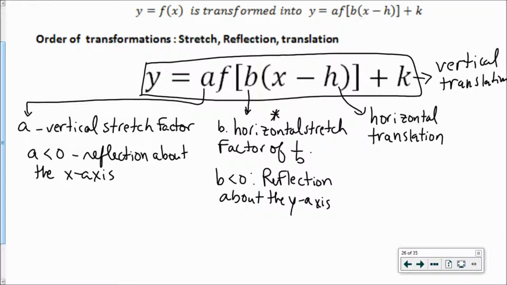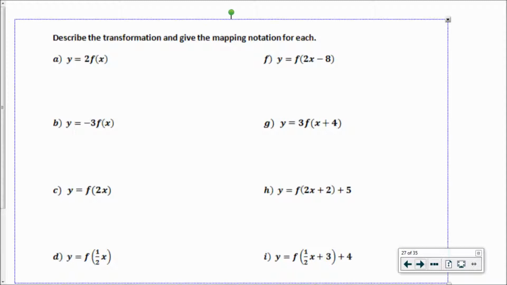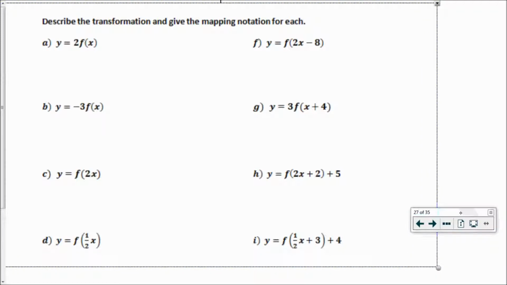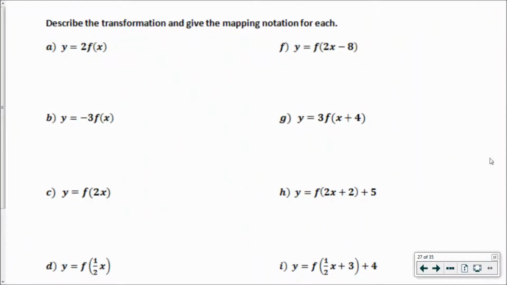So let's look at some examples of equations of transformations and see if we can determine what each number in there means and what effect it will have on the graph, as well as give the mapping notation for each one. So we start off with something simple, y equals 2 f of x.